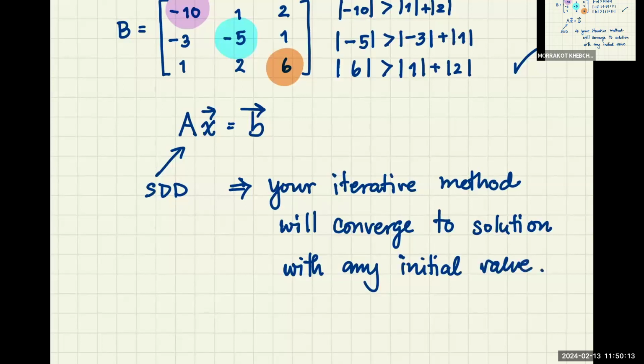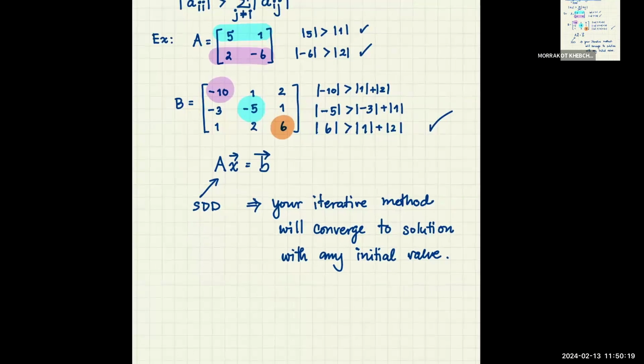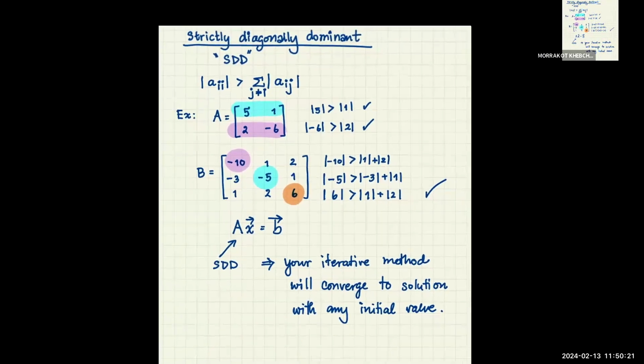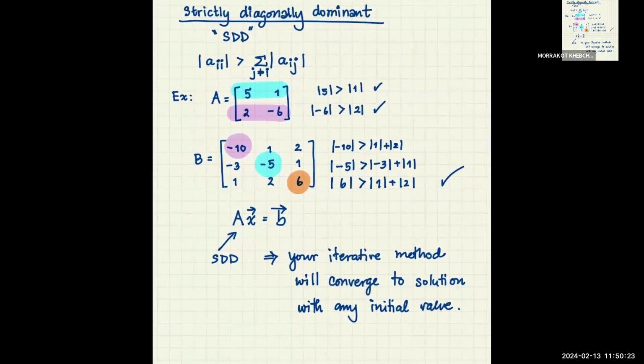Okay. It means that if you have matrix A that satisfies strictly diagonally dominant, okay? No matter what initial guess you pick, you will end up having your solution. You hit the point, okay?